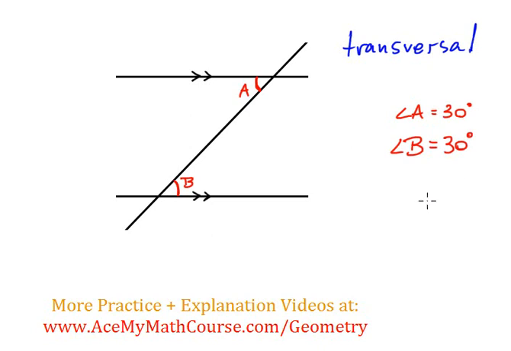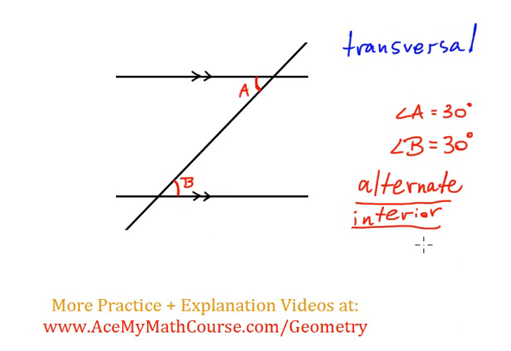Why is that? That's a property of parallel lines. And these two angles are called alternate interior angles. So A and B are alternate interior angles. And every time that we see alternate interior angles, they measure the exact same thing.